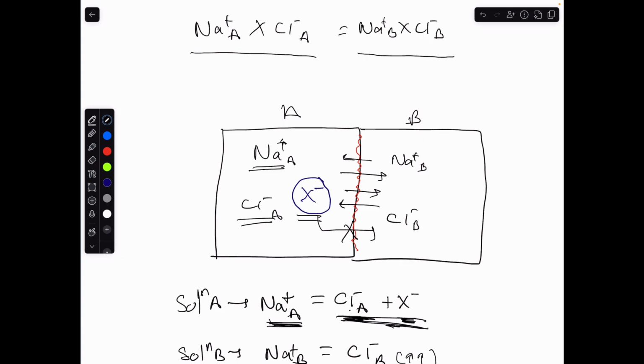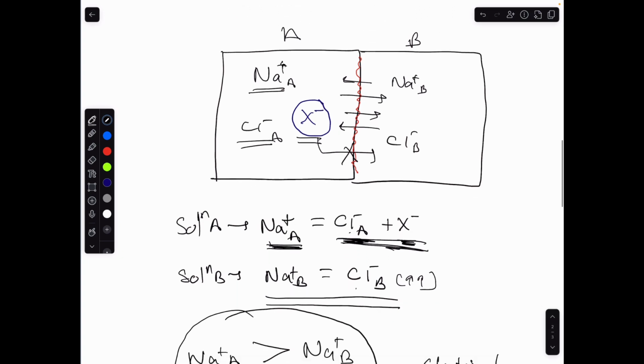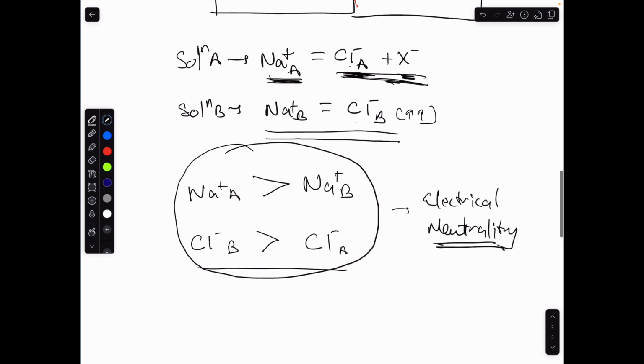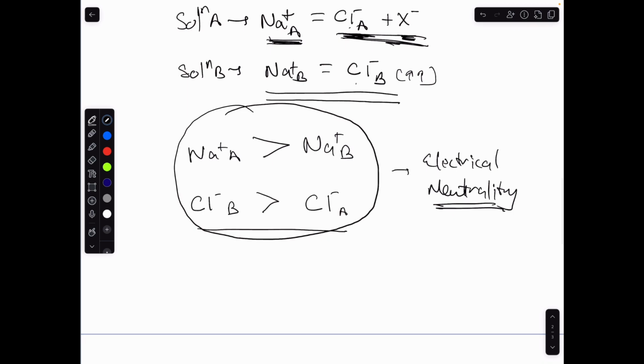Due to this, there is redistribution of ions to achieve electrical neutrality according to the Gibbs-Donnan equilibrium. Now, how will this lead to the formation of the resting membrane potential, RMP? We will see further. Now we will see another important point, that is the role of the sodium-potassium ATPase pump in the formation of the resting membrane potential.